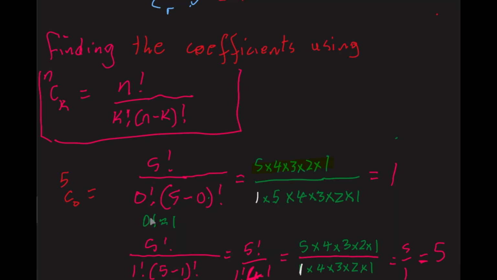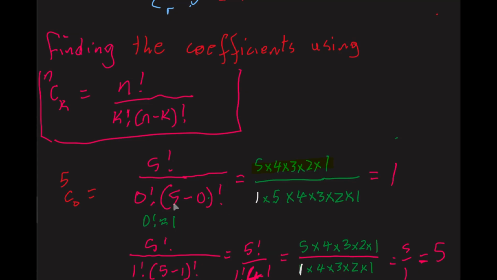But remember, 0 factorial is equal to 1. So where you see 0 factorial here, you're going to plug in 1. 5 minus 0 factorial is 5 minus 0, which is 5, so you're going to put in the 5 factorial here as well. 5 factorial here is 5 times 4 times 3 times 2 times 1.